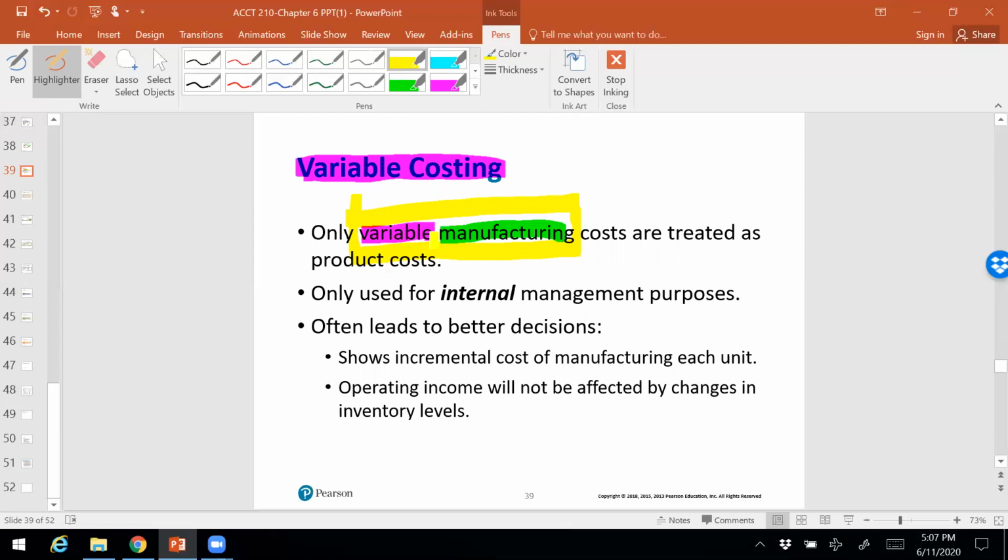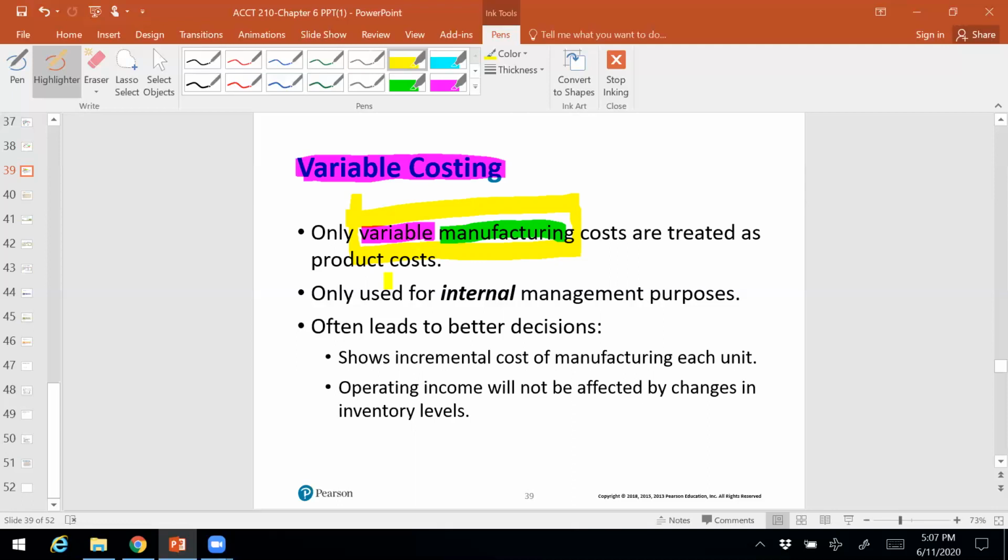Some people say, oh, sales commission, that's variable, so it will be our product cost. No, because it's not even manufacturing cost. It has to be variable and manufacturing together. Most likely, direct labor and direct material. So if it's just variable, not enough. If it's just manufacturing, not enough.